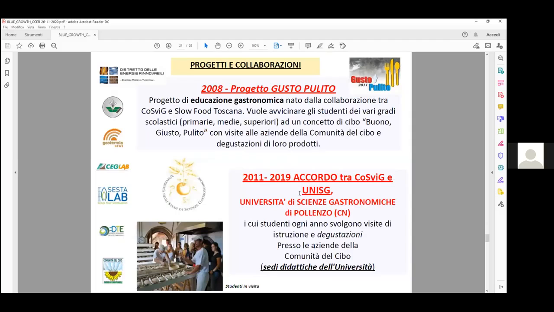Vi dico solo che la comunità del cibo insieme a Cosvig si occupa anche di progetti di educazione gastronomica con le scuole e per quasi 10 anni abbiamo collaborato con l'Università di Scienze Gastronomiche di Pollenzo, che è l'università fondata da Carlo Petrini, il fondatore di Slow Food, e ogni anno gli studenti sono venuti nelle nostre zone e hanno visitato le aziende della comunità del cibo.